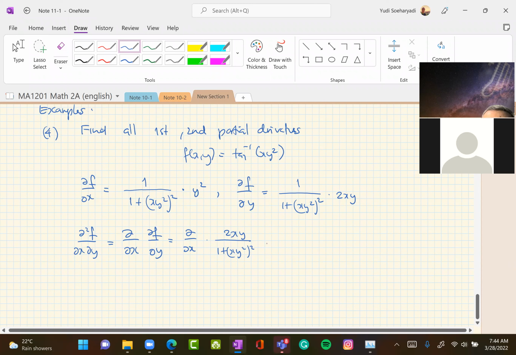This is a quotient, so I use the quotient rule. The derivative of the top with respect to x is just y, times this.